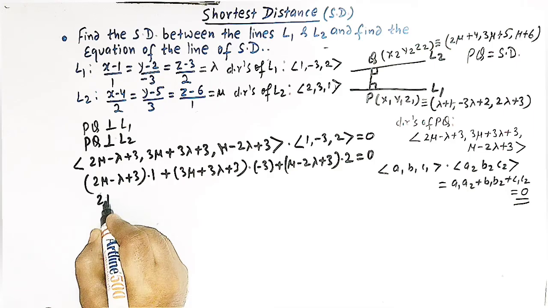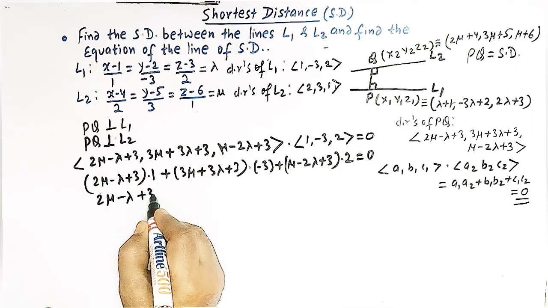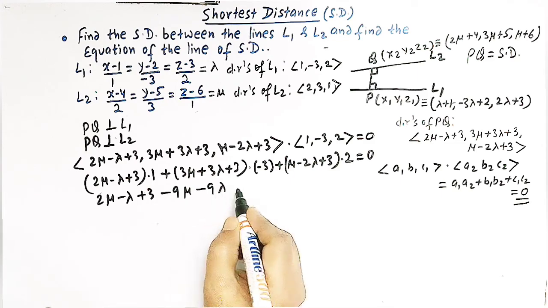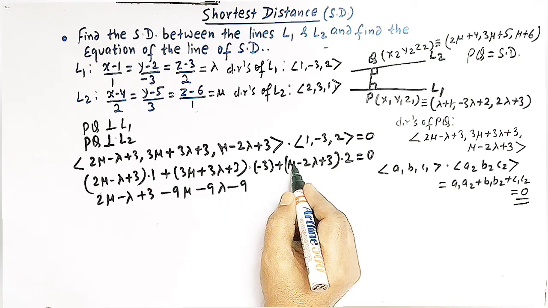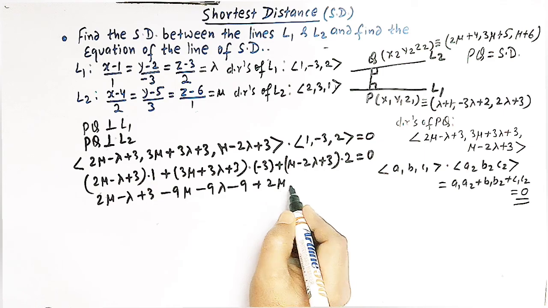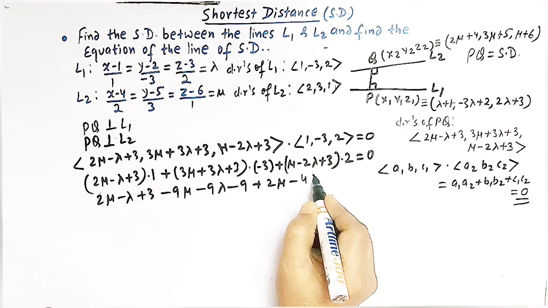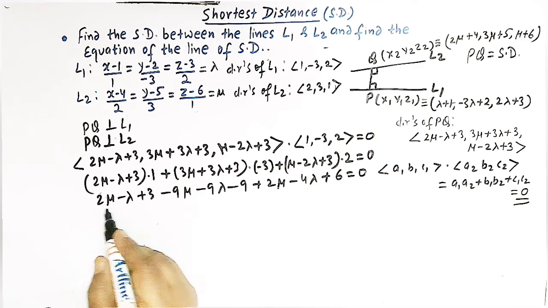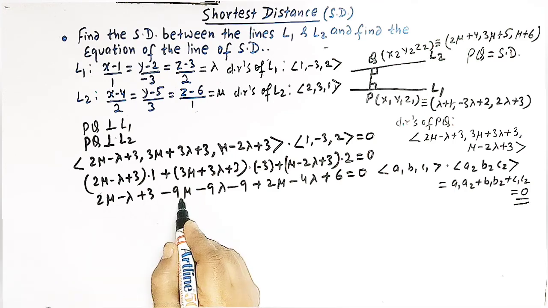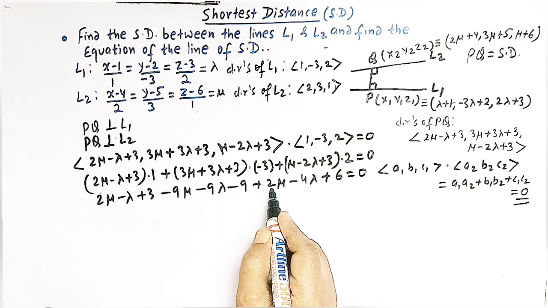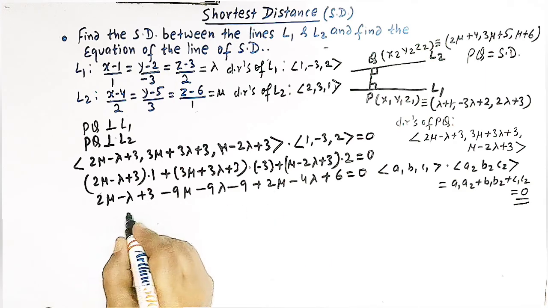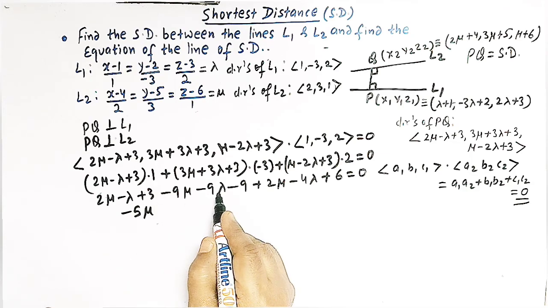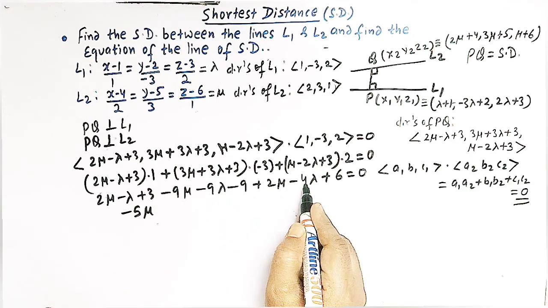So now simplifying, 2 mu minus lambda plus 3, here we have minus 9 mu minus 9 lambda minus 9, and here we have 2 mu minus 4 lambda plus 6. So now 2 mu and minus 9 mu, that is minus 7 mu, and plus 2 mu, that is minus 5 mu, and here minus lambda minus 9 lambda and minus 4 lambda.